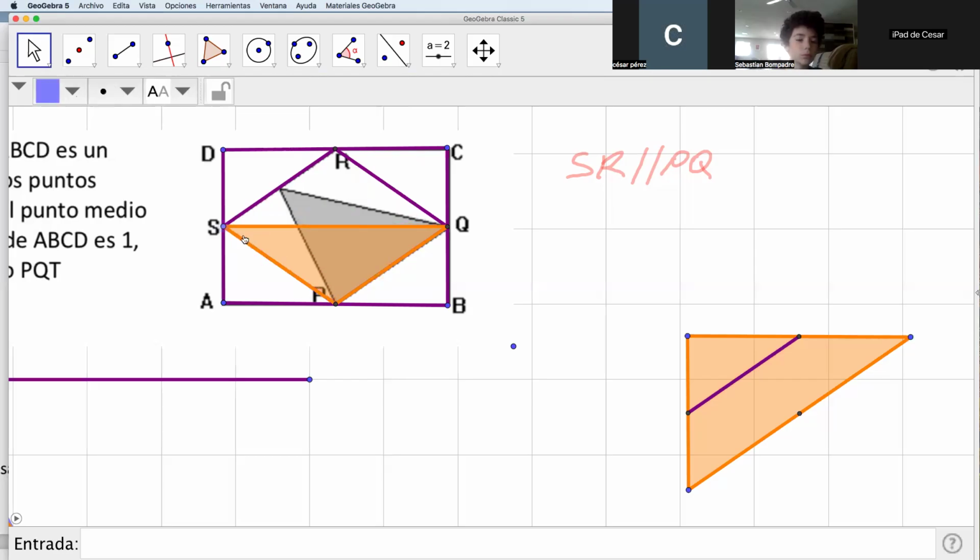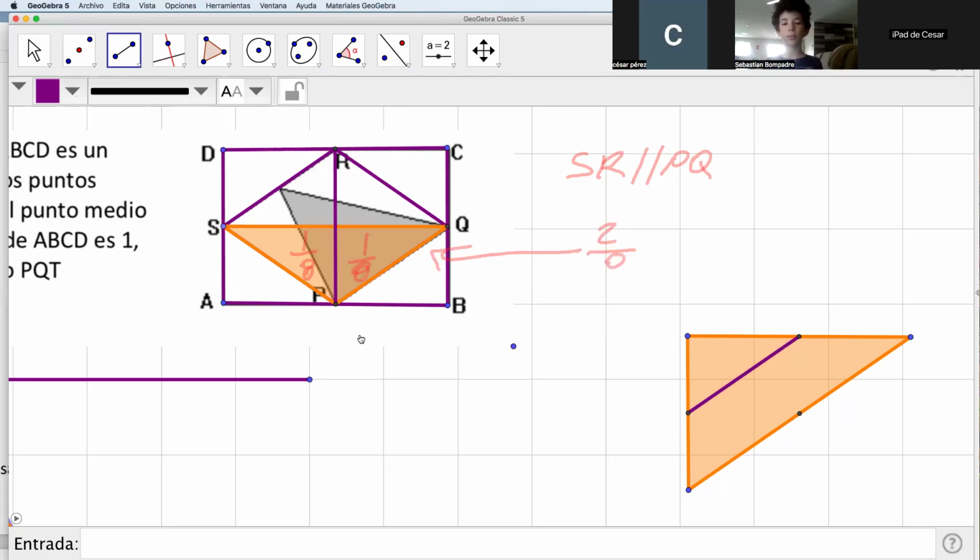So if we take this triangle, especially this one, we can see that this is 1/8. This is 1/8. So the answer is 2x. And if we simplify this, we will get 1/4. Okay? Do you understand this idea? Okay. That's it.